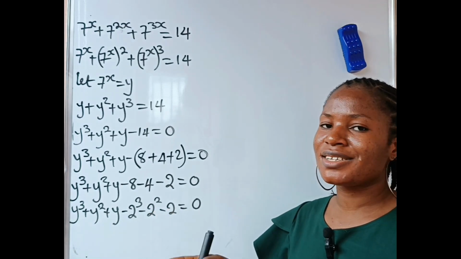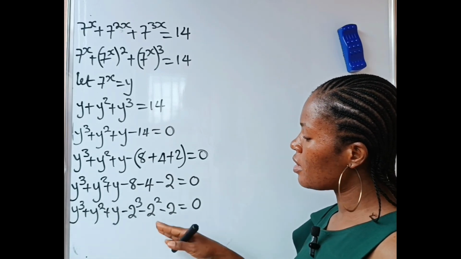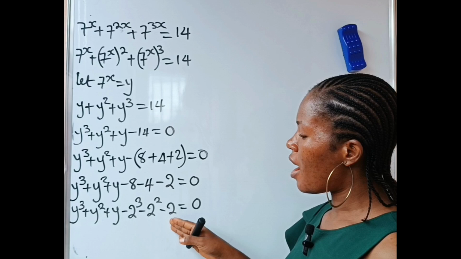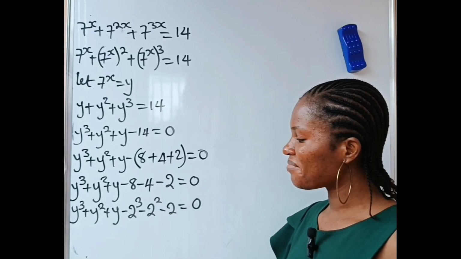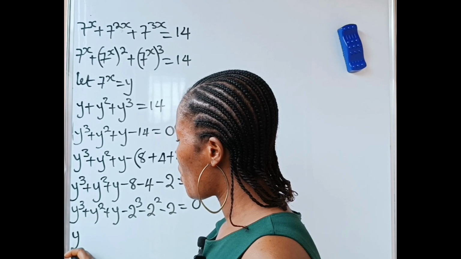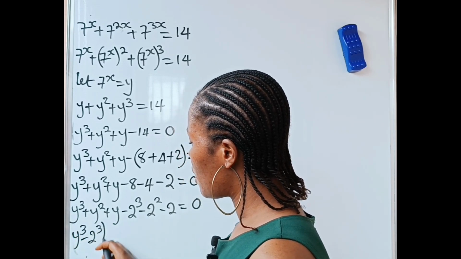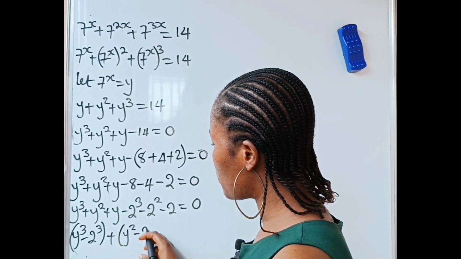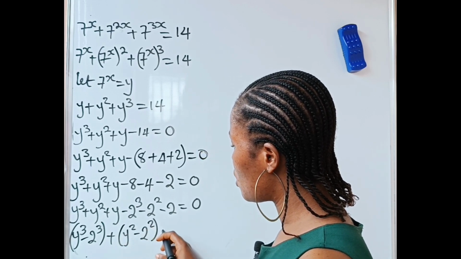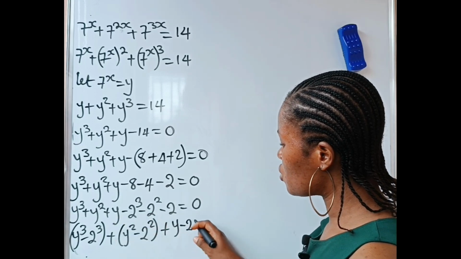Now I'm going to collect like terms: cube and cube together, square and square together, and the single terms together. So we have y to the power of 3 minus 2 to the power of 3, plus y to the power of 2 minus 2 to the power of 2, plus y minus 2 is equal to 0.